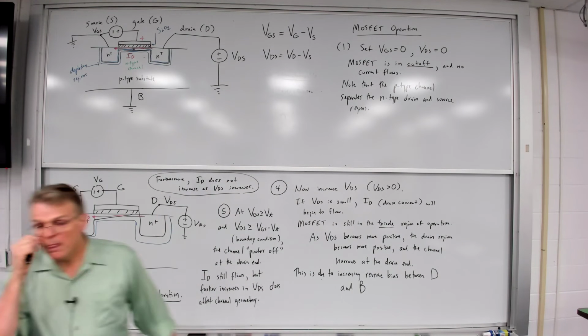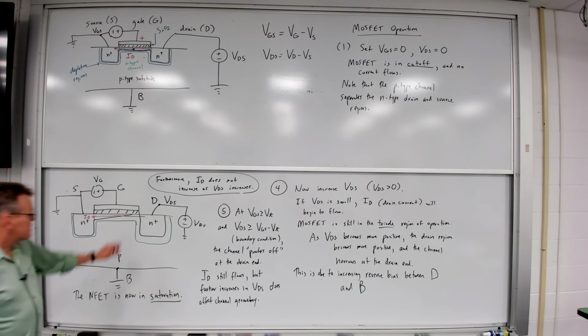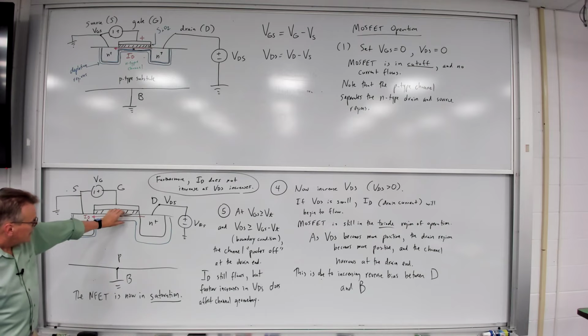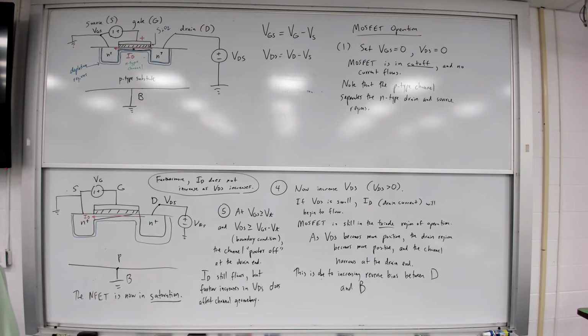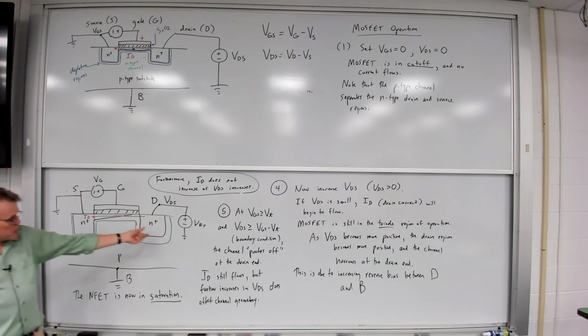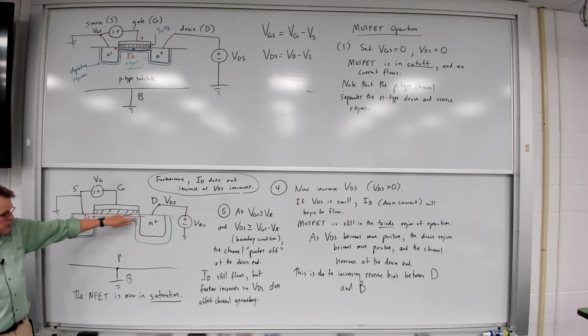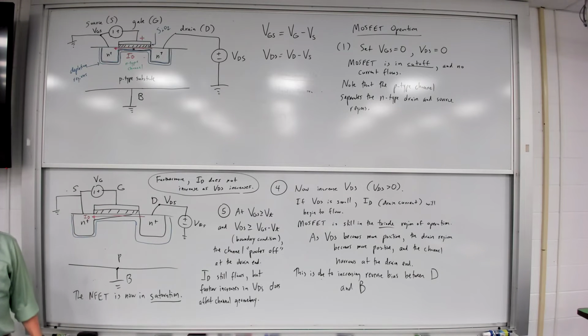Yeah? Why is the current in saturation constant? Because the current is a function of the geometry of the channel. So it's a function of the gate source voltage and the geometry of the channel. And as we increase the voltage, once this pinch-off region forms here, this is essentially a highly resistive region.